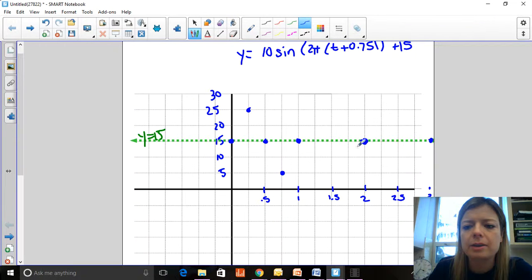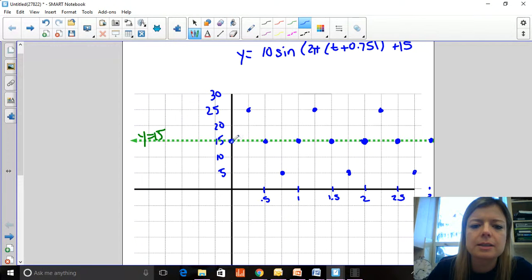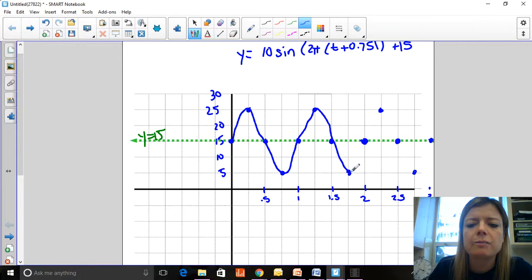This exact pattern continues for the next two cycles. So again, I'm going to the ends of the cycles into the middle. Halfway between I go up, and then halfway between I go down. And then halfway between I go up, and halfway between I go down. And this gets me my nice curve. Isn't it just a thing of beauty? I love sinusoidal functions. I actually really do.